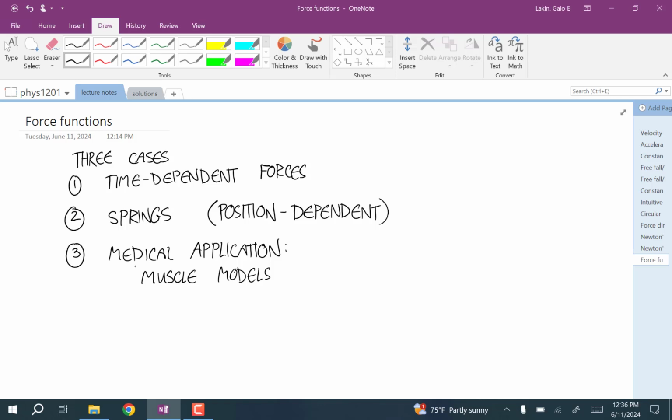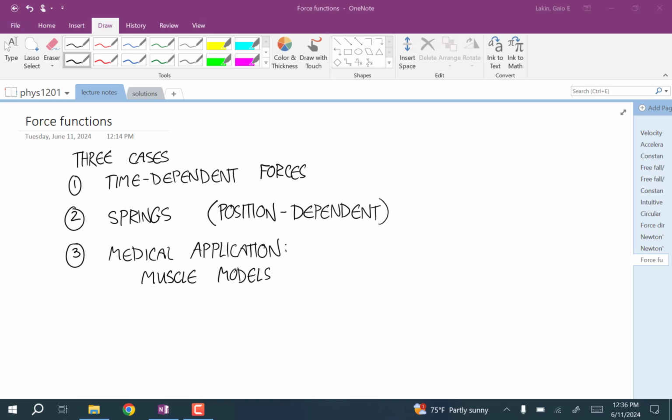It's useful in sports science. It's useful in sometimes pre-surgical decisions for people who have, say, walking abnormalities. You do these analyses to try to figure out what the muscle is capable of doing, why isn't it doing what it's supposed to, and this kind of modeling can be useful in that case.